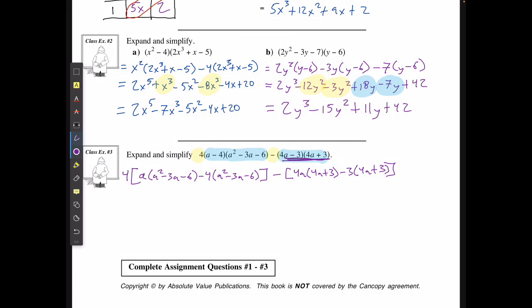So when I multiply this out, I'm going to get 4, and this is going to become a to the 3 minus 3a squareds minus 6a's minus 4a squareds plus 12a's and plus 24.